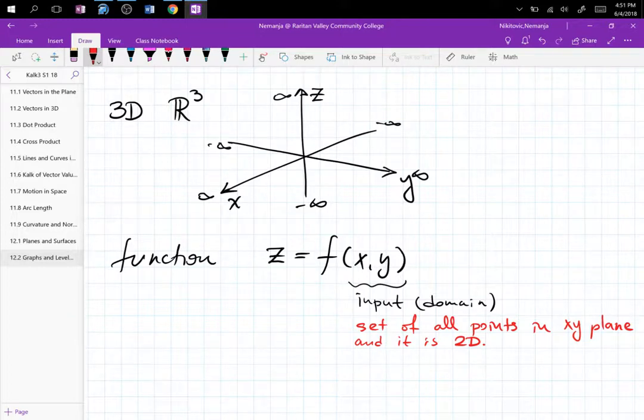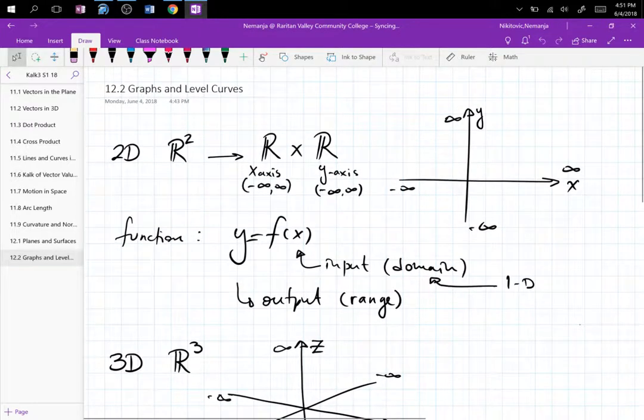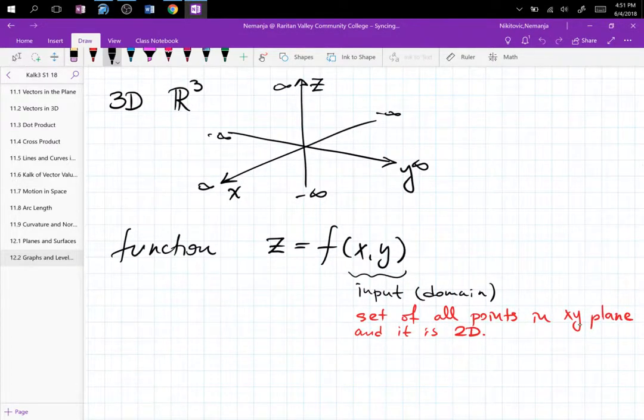So the good old story from your previous education is now becoming a domain for the new creature, and your z is the output, also known as the range.